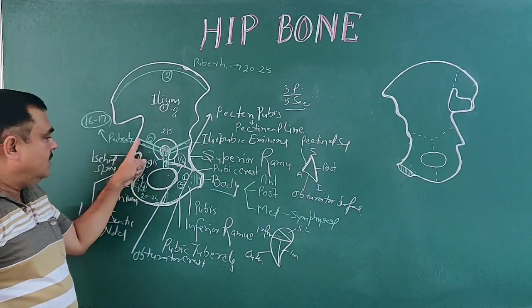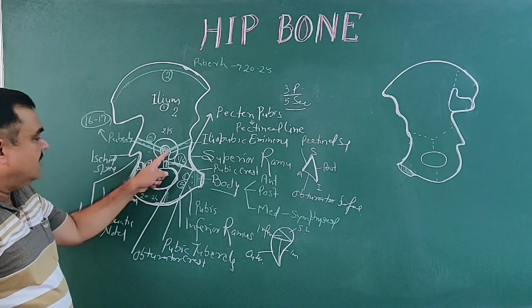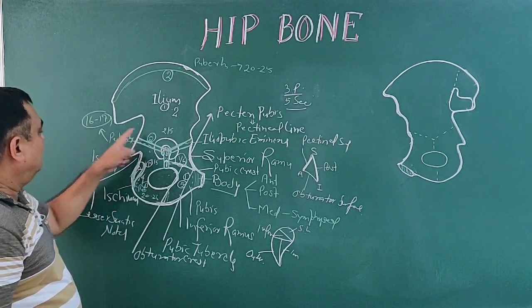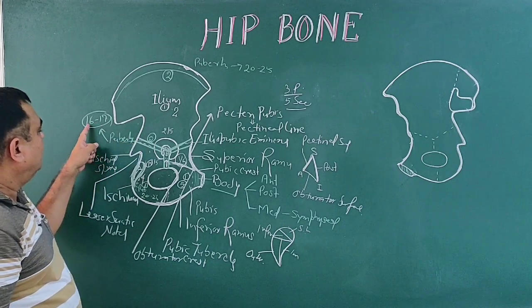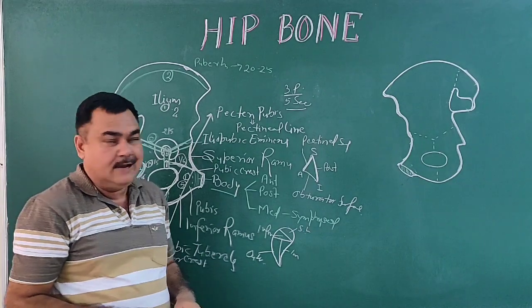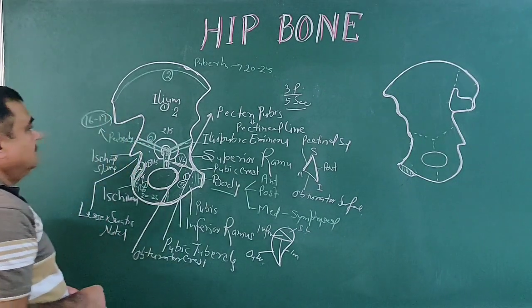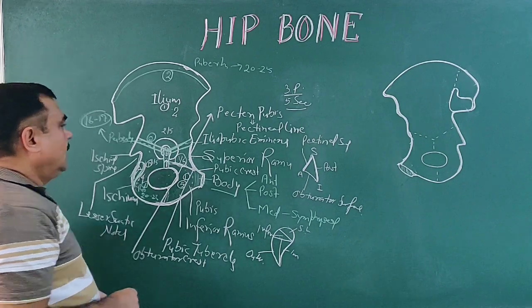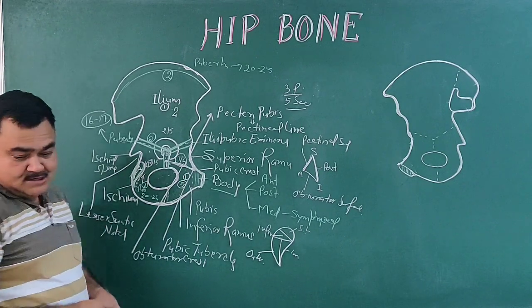So the secondary center for the Y shape, this cartilaginous area here, fuses with the rest of the bone during 16 to 17 years of life. So these are the 5 secondary centers.